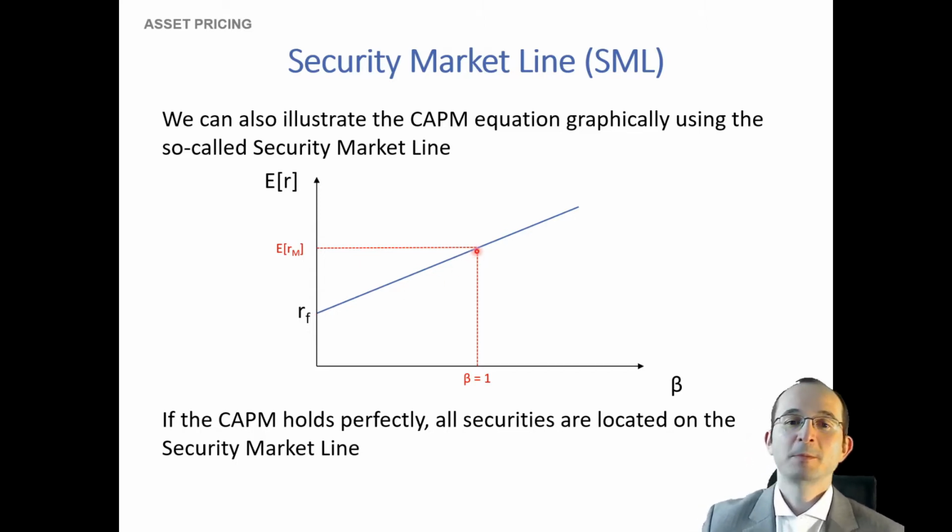If our beta is 1, then we have the market portfolio, and therefore our expected return should be the market portfolio's.